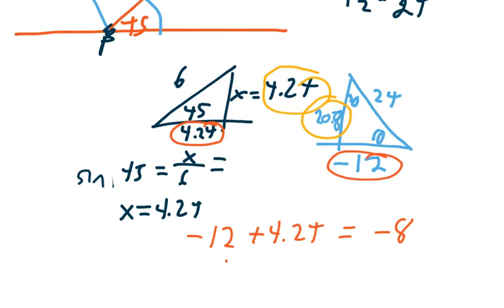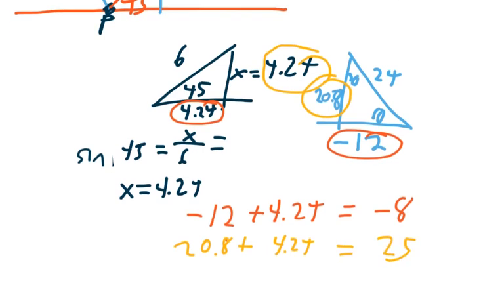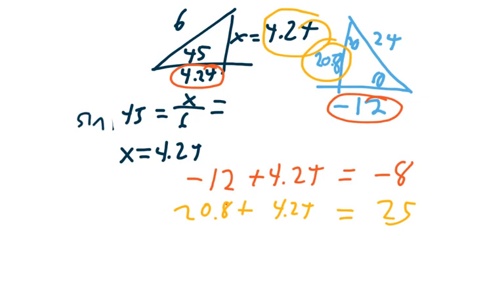So 20.8 plus 4.24, when I round it to the nearest integer, is 25. And so my vector is negative 8i plus 25j.